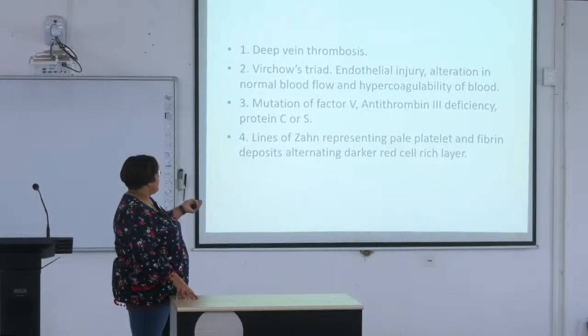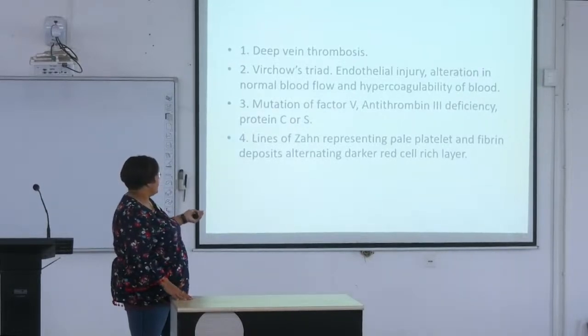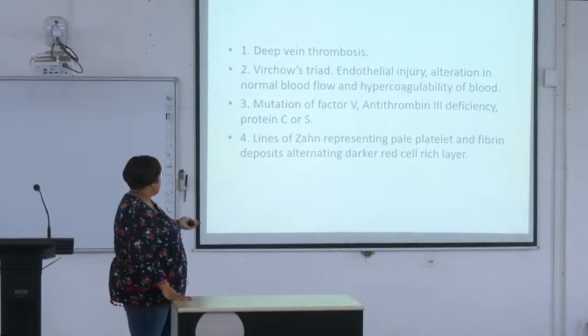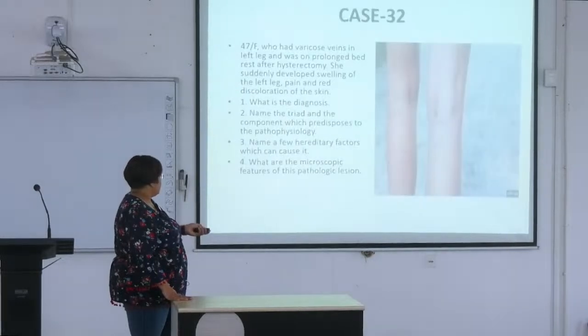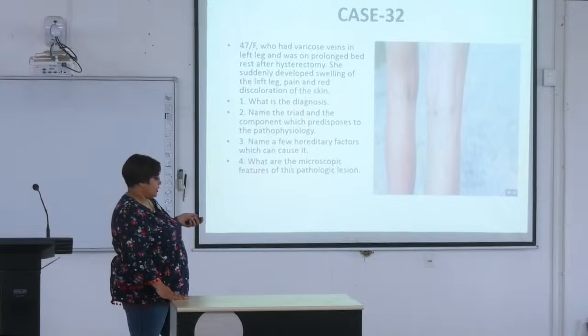So, these three are the main hereditary factors responsible for hypercoagulability. So, you have to mention these three factors in your problem card. And what is the next question? What will we get in the microscopic features of the pathologic lesion?